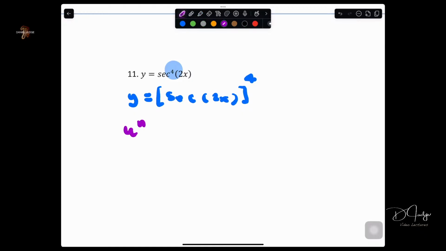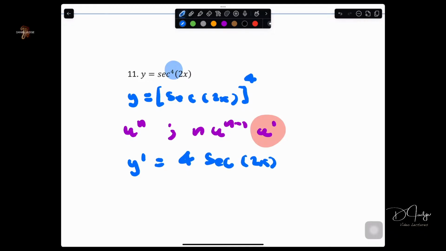And so what comes to mind is the power rule version of chain rule. And again, we have the chain over here. Don't forget that. So y prime will be 4 secant 2x, 4 minus 1 will be 3.